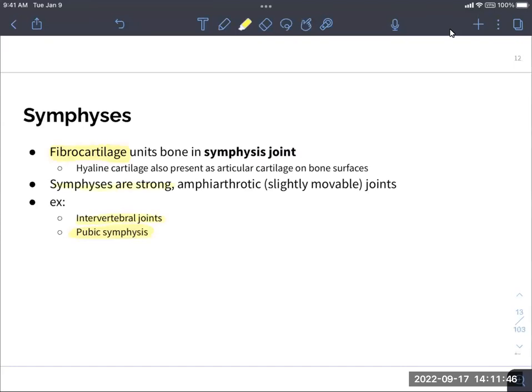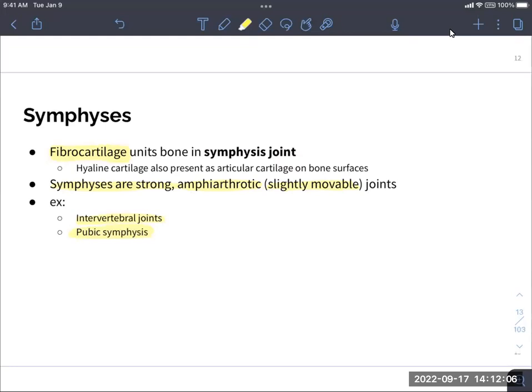Symphysis joints are very strong. They're amphiarthrotic. So they move slightly. They don't move a lot, but they'll move a little bit to let your pelvis move around, and they let your back move, you twist and turn.